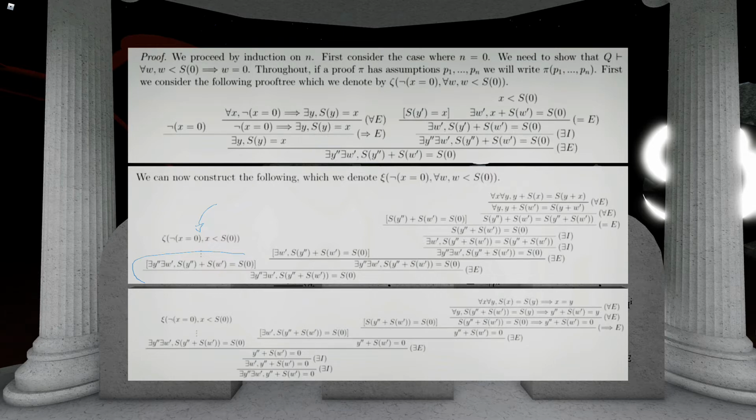And now I want to use these two instances of existential elimination. The reason why there's all of this existential elimination, it's a bit annoying, is just that I want to move the successor out of the brackets. So if we look for a second at the conclusion of this proof tree, you can see all I've done is I've nested the successors, right?